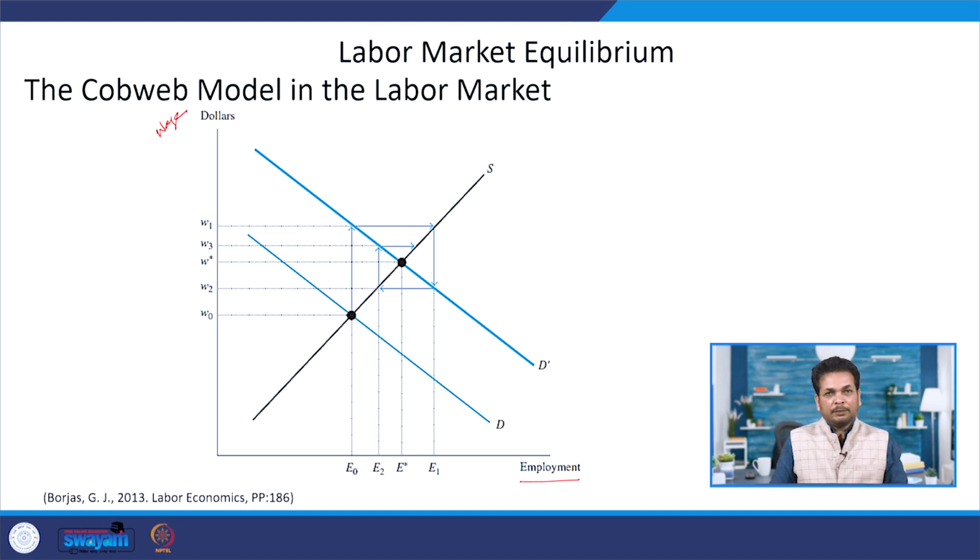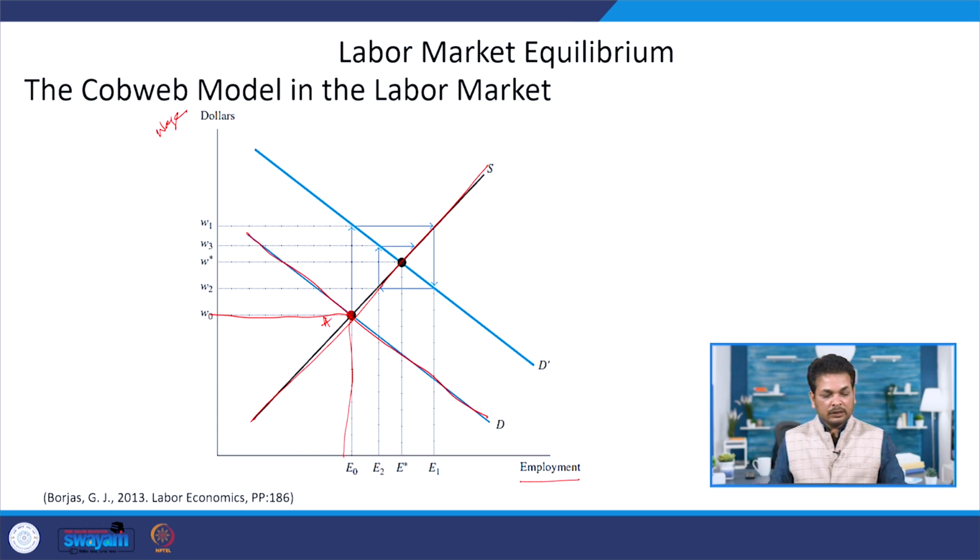Considering a downward sloping demand function D and an upward sloping supply function S, the initial equilibrium in the economy is achieved at point A, where E0 workers are employed at wage W0.